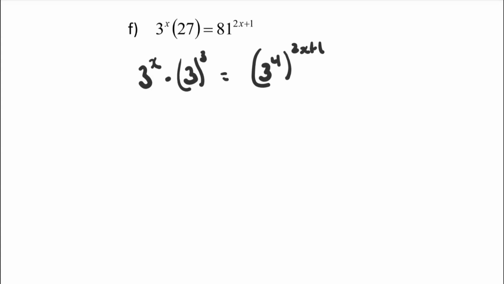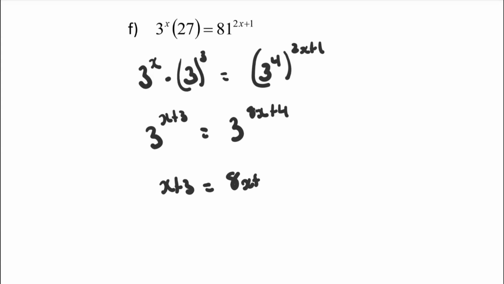Now, when we have the same base and you're multiplying, that's the first rule we looked at, you're going to add them together. So this is going to be 3 to the power of x plus 3 is equal to 3 to the power of, and if we were to actually multiply all this through on your right side here, it's going to be 8x plus 4. So now we can drop the bases and go, okay, well this is going to be x plus 3 is equal to 8x plus 4.